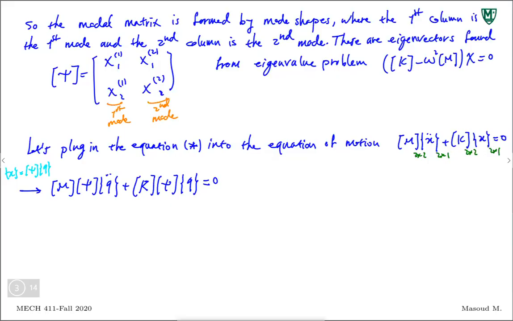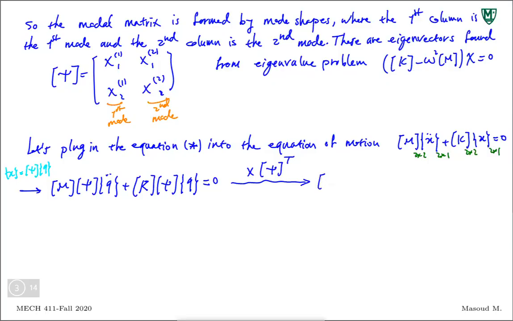Now here's a little bit of algebra. What do we do there? We're going to multiply both sides with psi transpose. It's a 2 by 2 matrix. The transpose of a 2 by 2 matrix, you keep the diagonal and flip the off diagonal elements, right? Or the formal definition, you replace the rows with columns. First row becomes first column, the second row becomes second column.